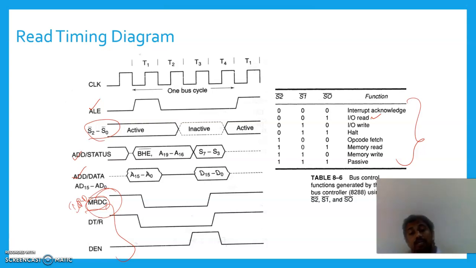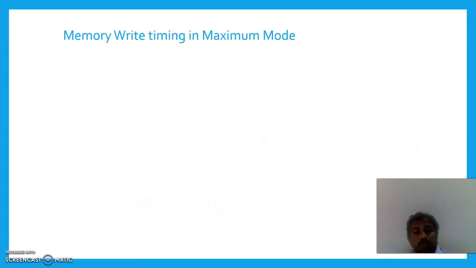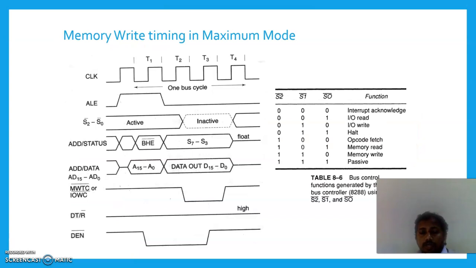Now the write: here this is the memory write side of the memory, and the name indicates whether it is a memory or IO operation.